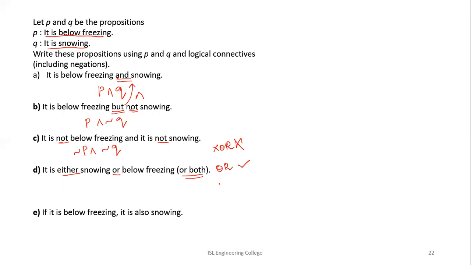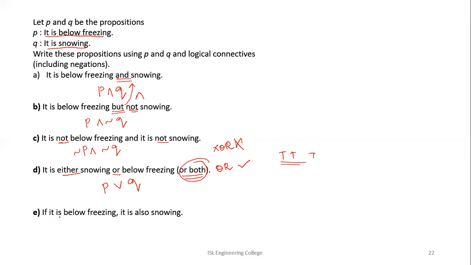Because if only just the first part of the statement is given, either snowing or freezing, then it would have been XOR. But since this is mentioned, it will be or. If both of them are true, then true. This both denotes this part. So it is the simple disjunction.